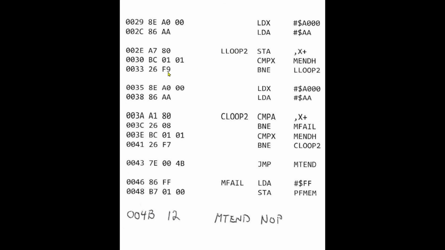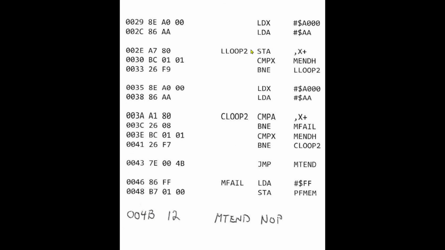Let's go over here to F9 and let's count backwards from F9 to FF. So we go F9, FA, FB, FC, FD, FE, FF. And that's where we are up here.